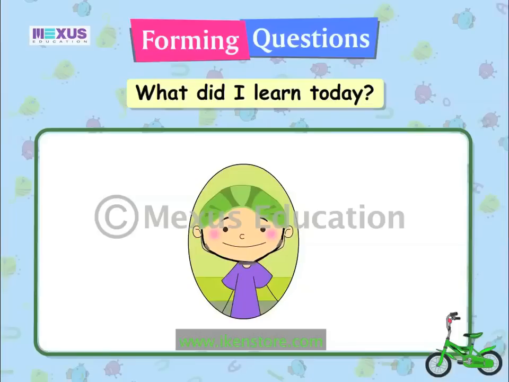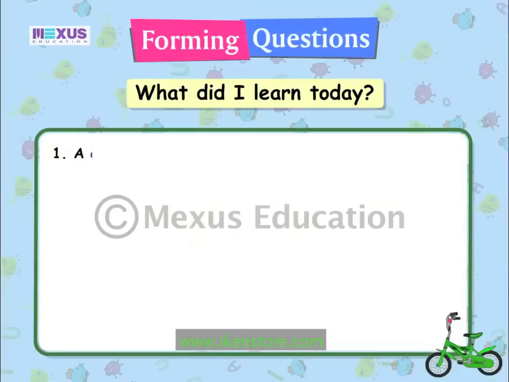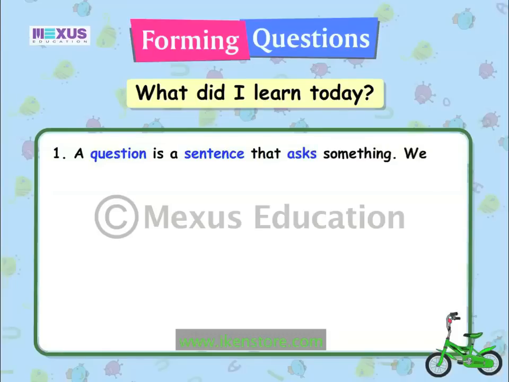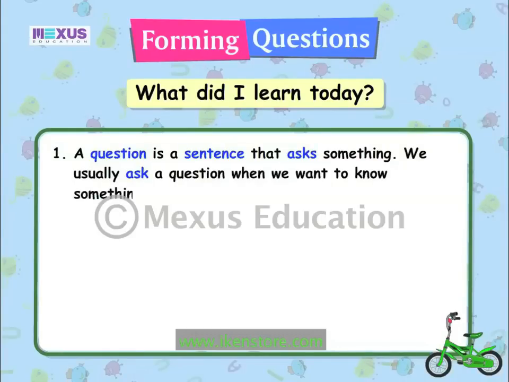We have learnt a lot about questions and answers today. So let's quickly take a look at all the points we have learnt in the lesson forming questions. A question is a sentence that asks something. We usually ask a question when we want to know something about someone or something.